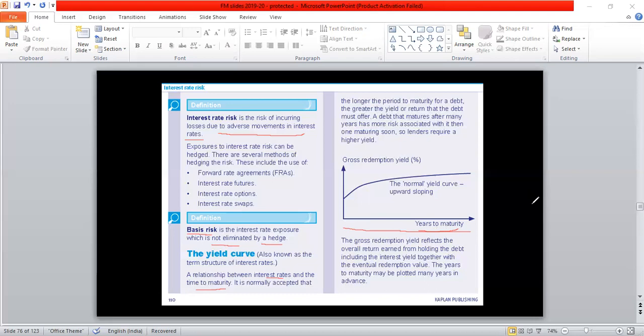But as the years to maturity extend, we see that the yield or the return is increasing. For a shorter period of time, the gross redemption yield is lower. As the number of years to maturity keeps increasing, it rises. It is normally accepted that the longer the period to maturity for a debt, the greater the yield or return that the debt must offer.